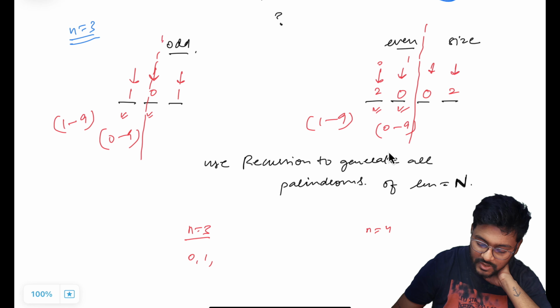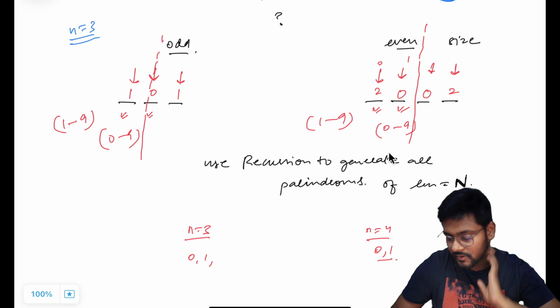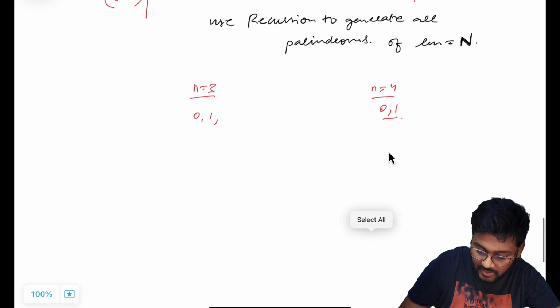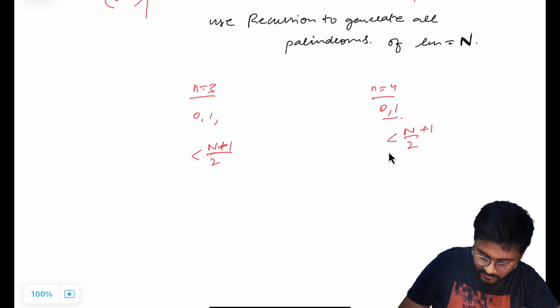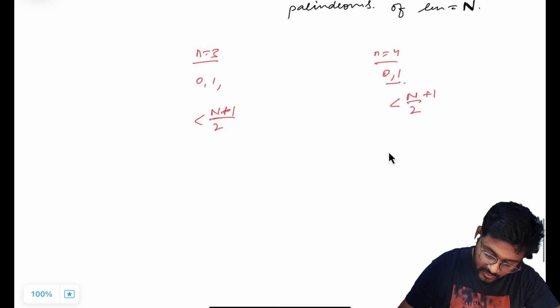In the case of n equal to 4, I will go to 0 and 1. So at 4, I'm going less than n by 2. In this case, n is 3, so I'm going less than (n plus 1) by 2. If I just do (n plus 1) by 2 here, it will also work fine.